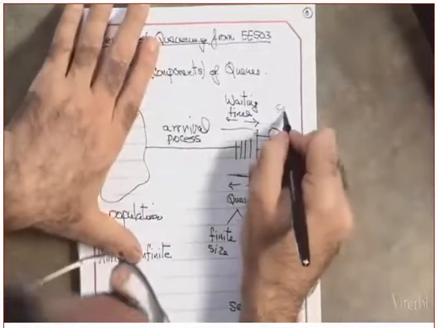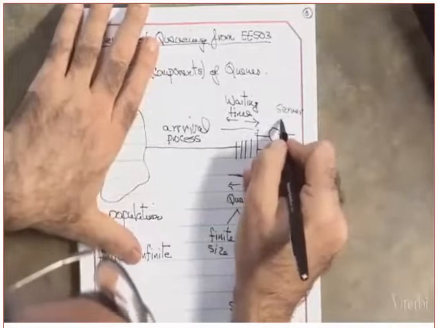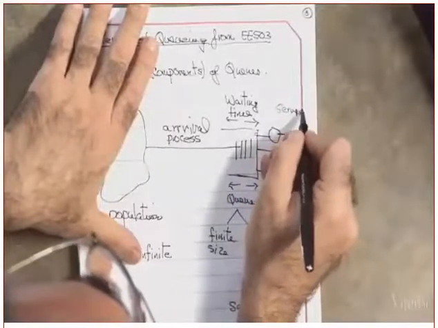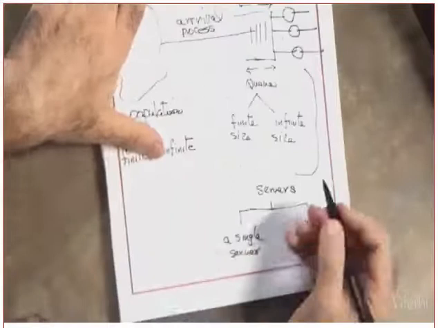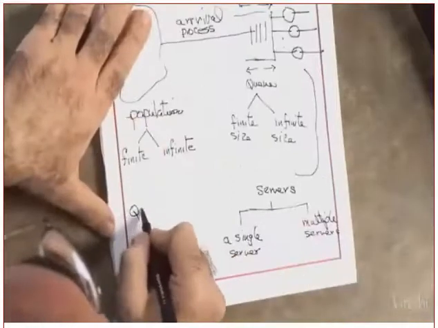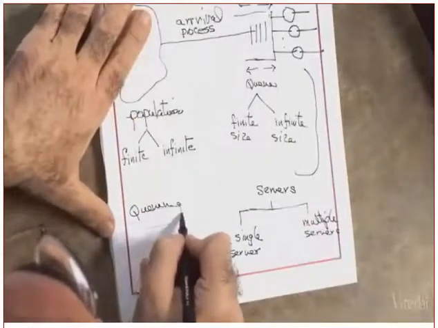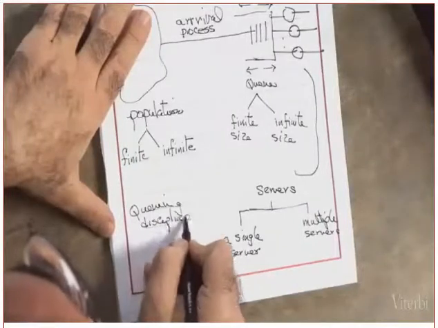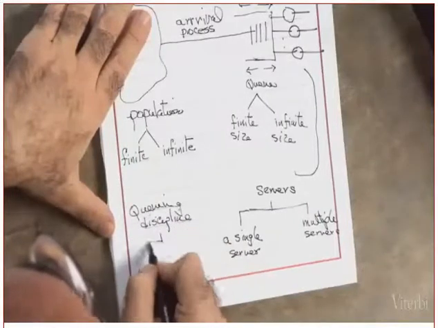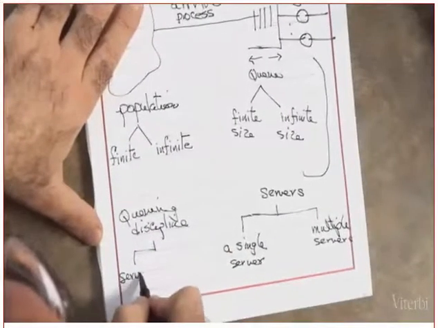This is the server time, service time. And then in addition, we also have what is known as the queuing discipline: the service policy.